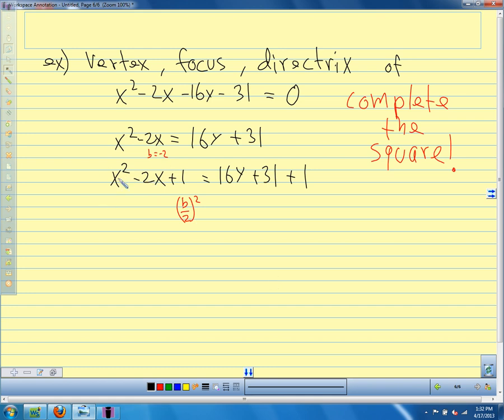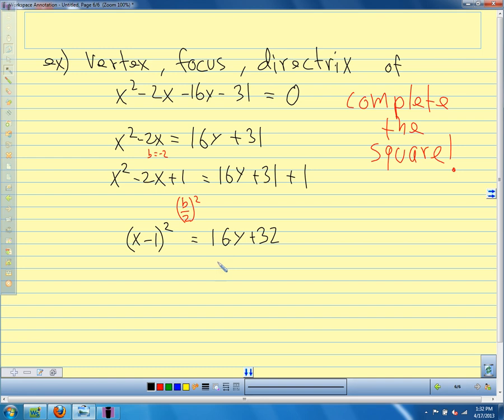This is now a perfect square. I can factor this. This is x minus 1 squared equals 16y plus 32. And in my standard form, I don't have any number multiplying the y.